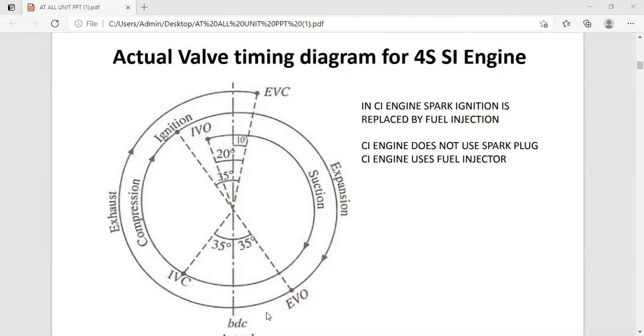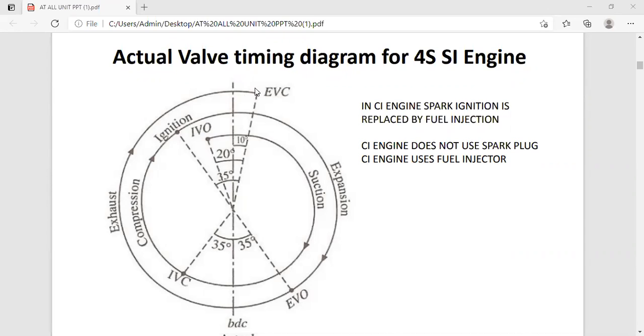The next point is related to the exhaust valve. The exhaust valve opens a few degrees before BDC and closes a few degrees after TDC. Here it opens 35° before BDC and closes 10° after TDC.